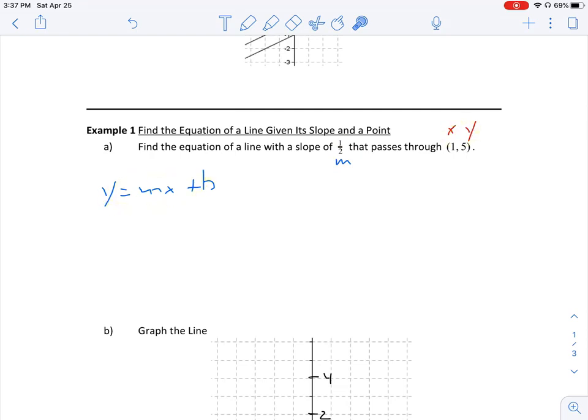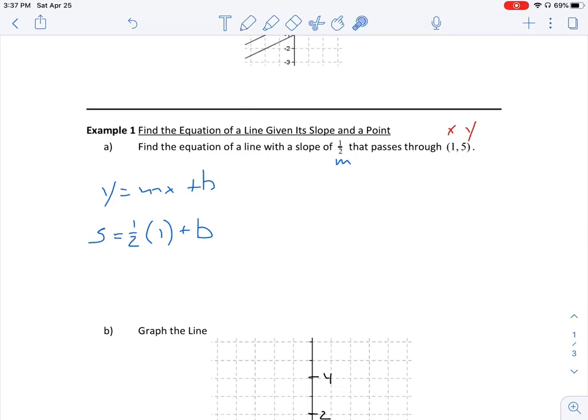All I'm going to do now is sub in the values that I know into that equation of a line. So if I plug in my values, my y value is 5, so I get 5 is equal to, my slope is 1 over 2, and my x is 1. And I don't know my y-intercept.